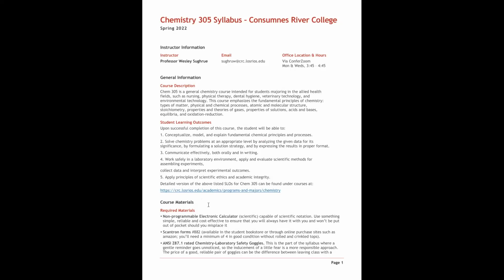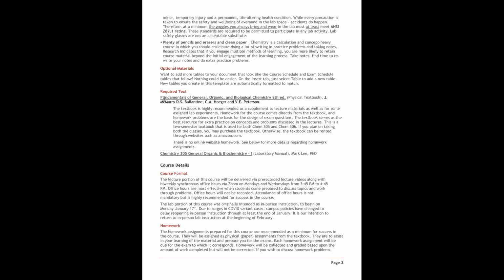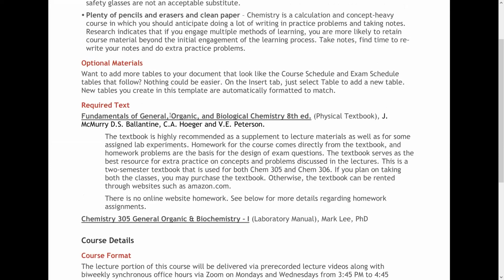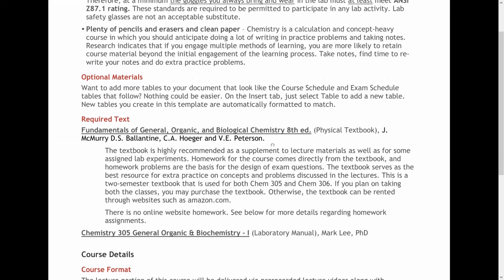the required text on the syllabus is right here under required text. It is Fundamentals of General Organic and Biological Chemistry, 8th edition by J. McMurry, D.S. Ballantine et al. I believe it's a Pearson text from 2018.